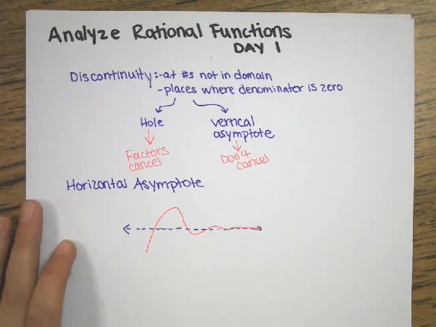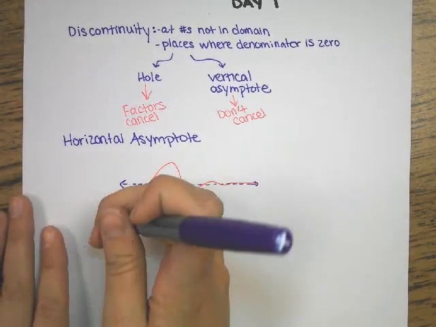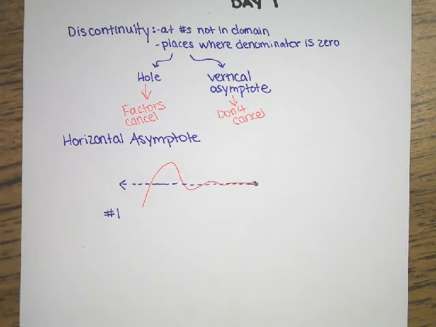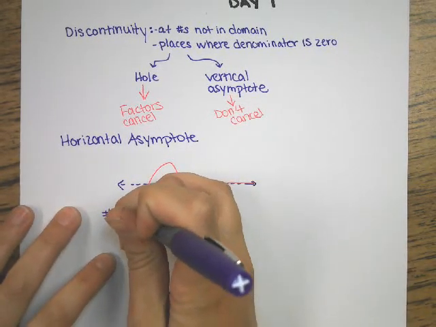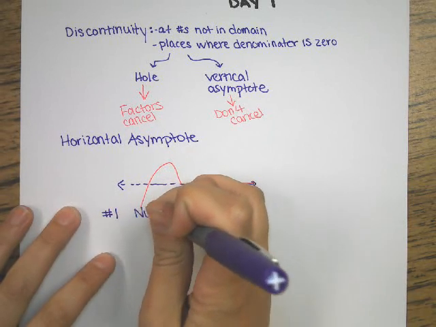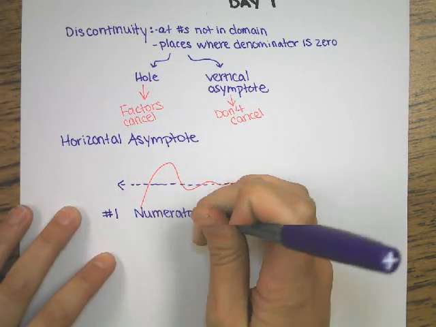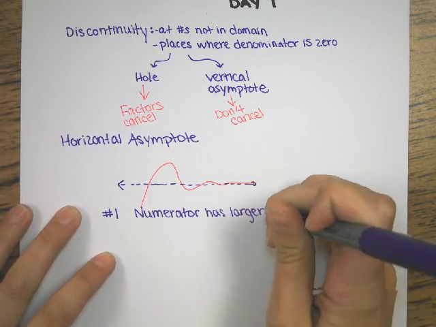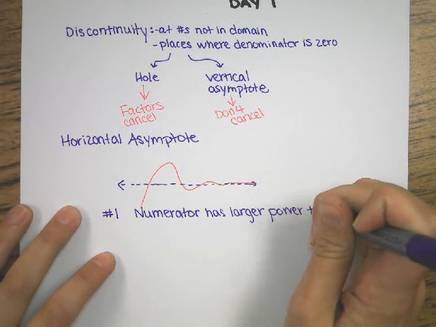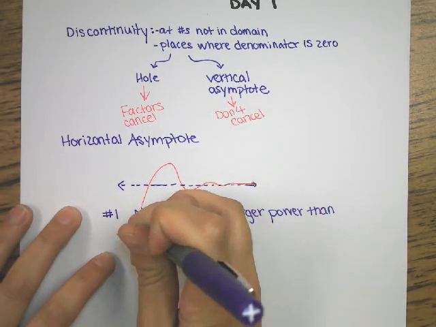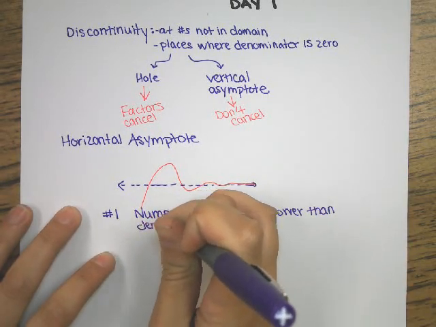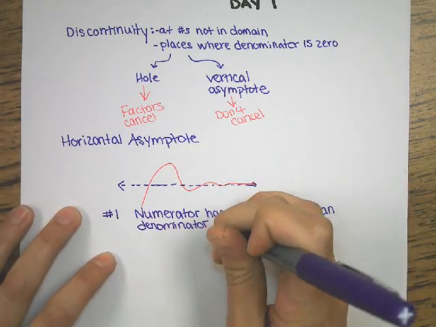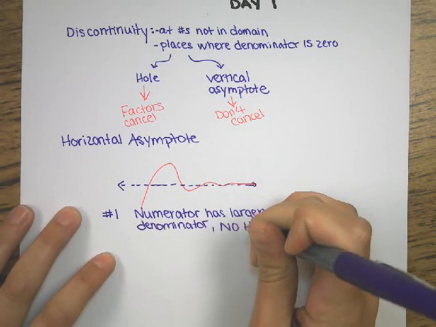With horizontal asymptotes in a rational function, there are 3 cases, and it depends on the powers of the numerator and denominator. The first case is if the numerator has a larger power than the denominator, then there's no horizontal asymptote.